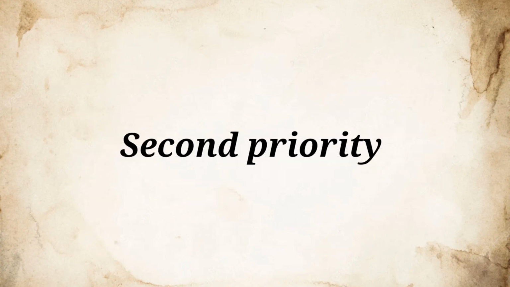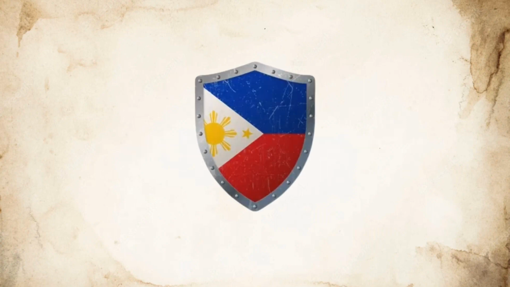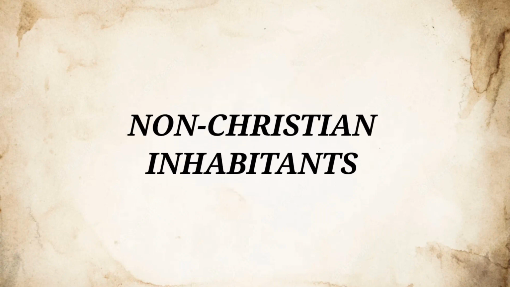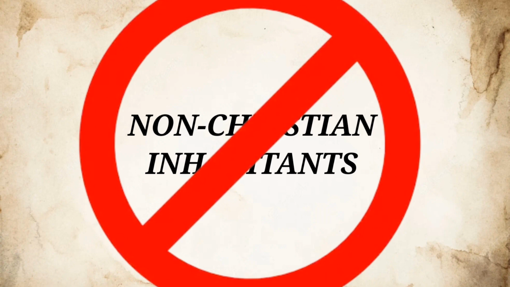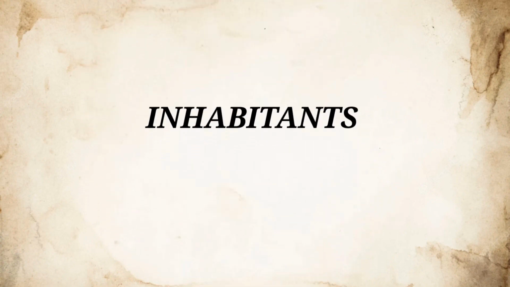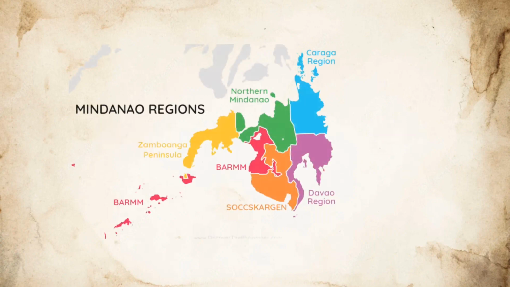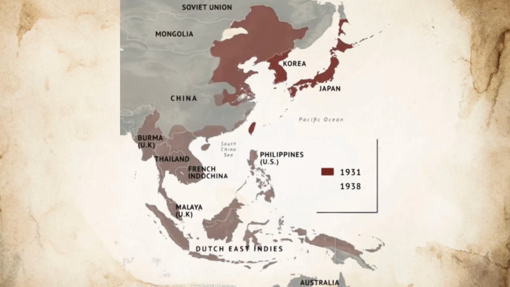The second priority was to increase national security. The reason why he thought of this was because of the non-Christian inhabitants perceived as not loyal to the Philippine government. Also, there was the existence of Japanese agriculturalists and entrepreneurs in Davao, mainly for Japanese expansionism.